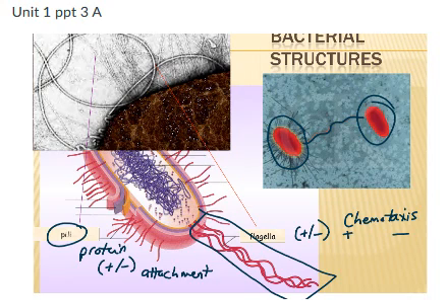If I were to draw a bacteria down here, and here is its flagella, and I wanted to show an example of a positive chemotaxis, I would put that positive here because the tail or flagella is always behind it, and this implies that the bacteria is swimming towards or moving towards or completing chemotaxis towards that positive signal.